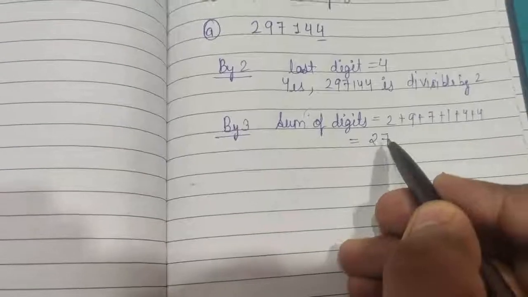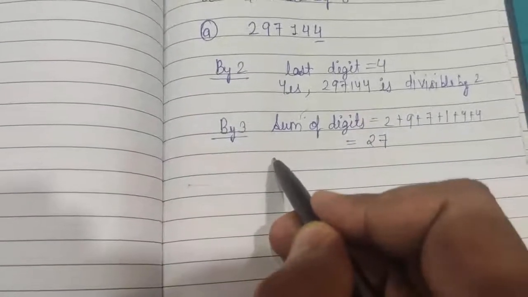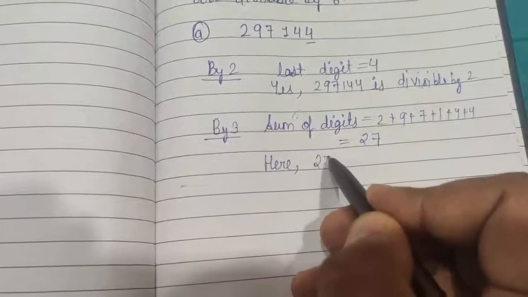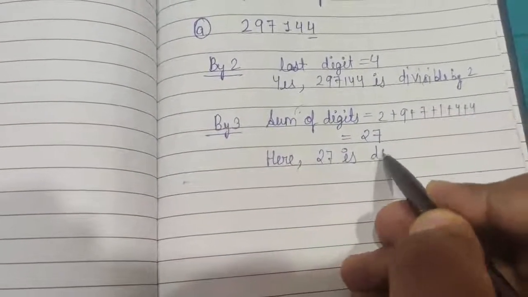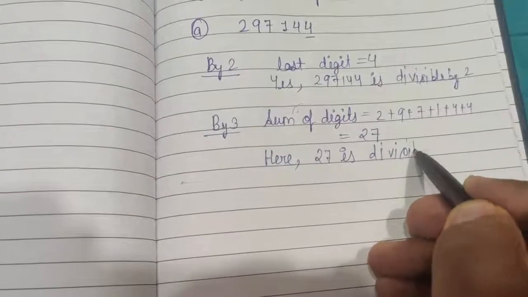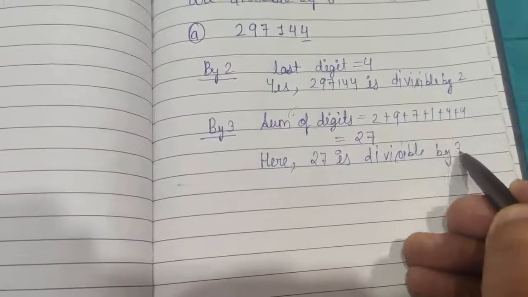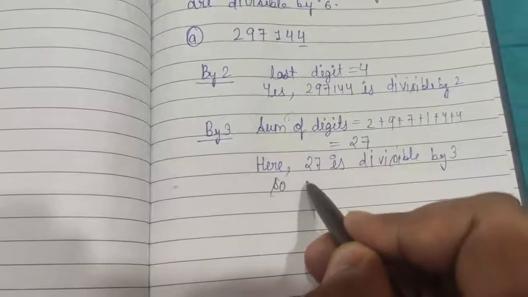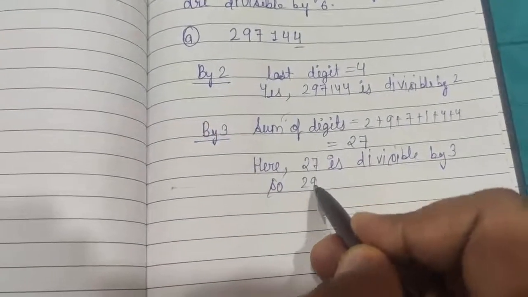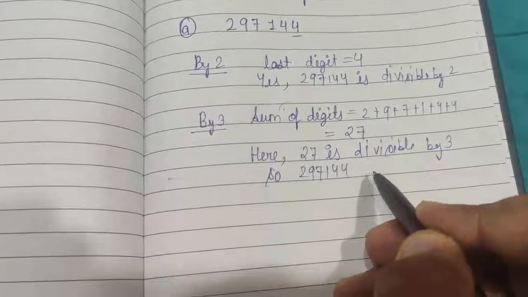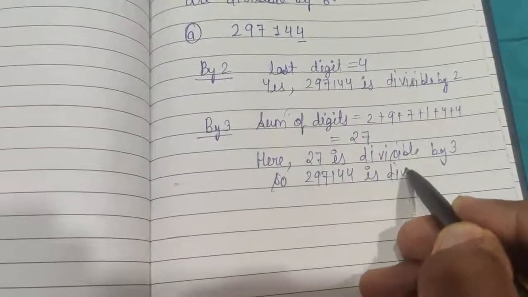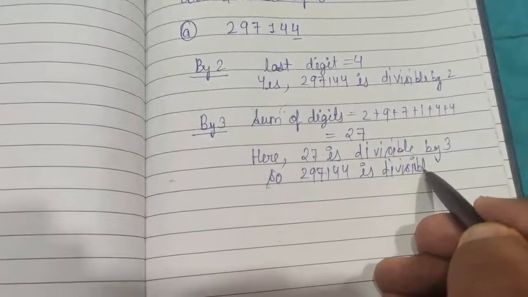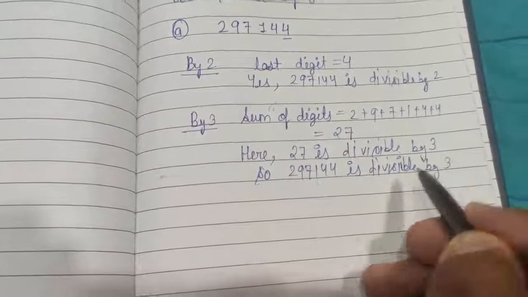Now what did you get? 27, and 27 is divisible by 3. So 297,144 is divisible by 3. As we know, if the sum is divisible by 3, then the number is also divisible by 3.